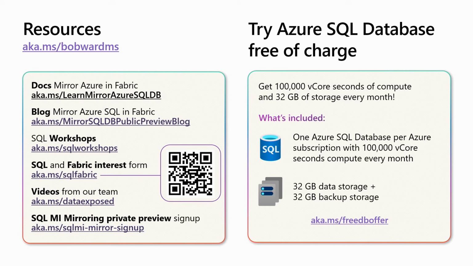And to emphasize again what Idris said, when it comes to mirroring, the mirrored storage is free per your capacity units, 1 terabyte for a capacity unit. 64 capacity units, 64 terabytes of the free mirrored storage. So check out our free Azure Database offer. Combined with the trial for Fabric, it's a great combination.